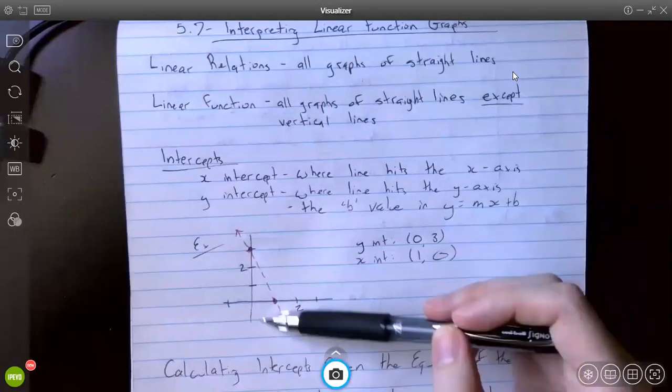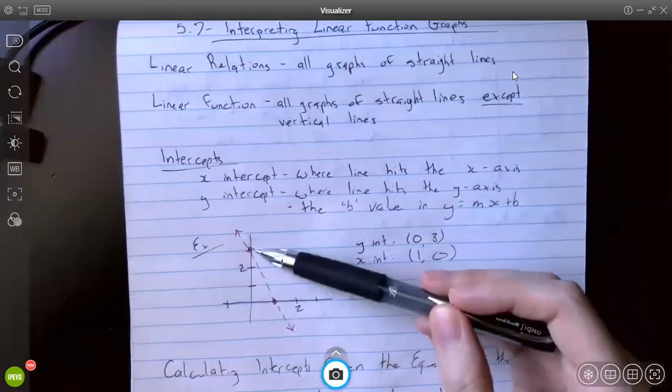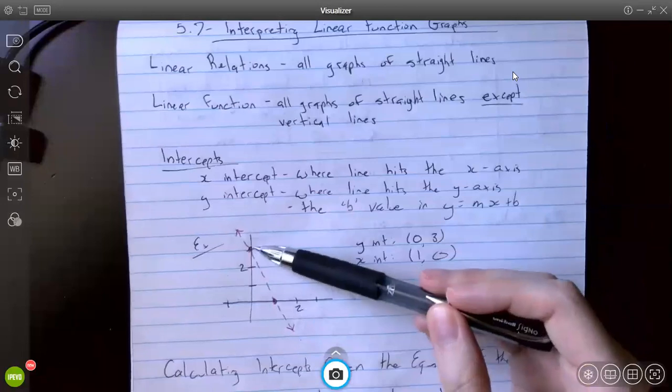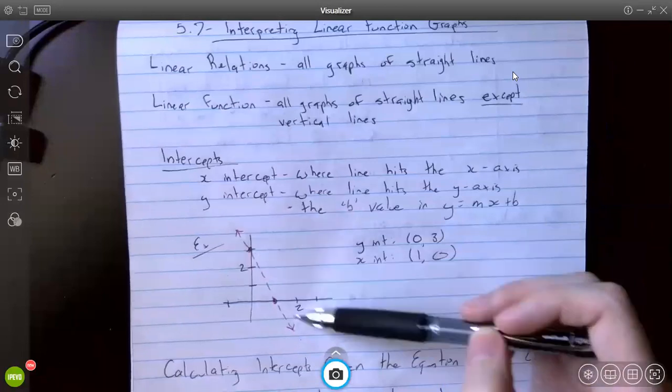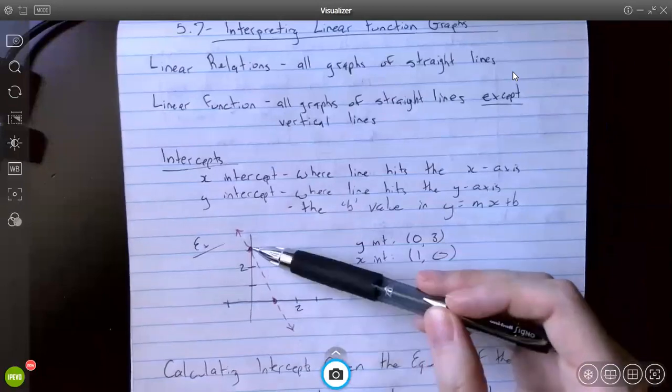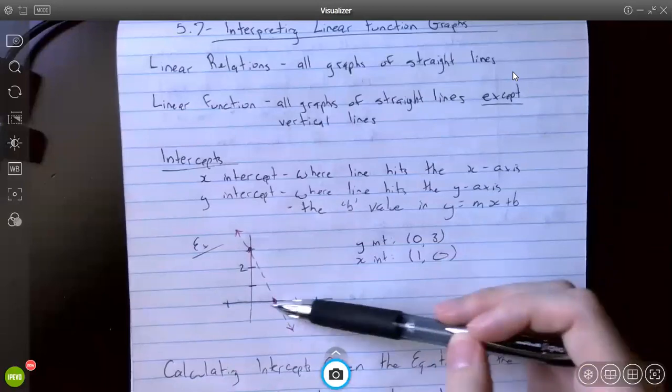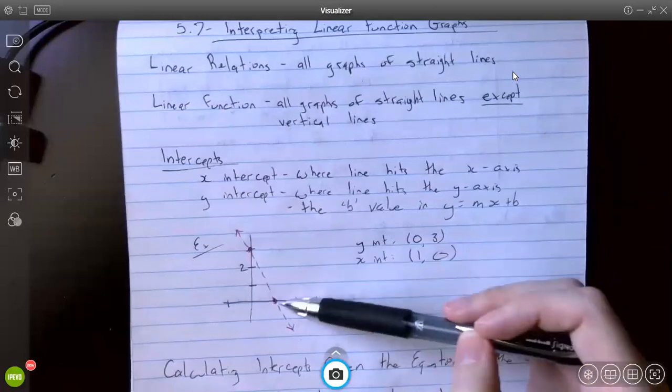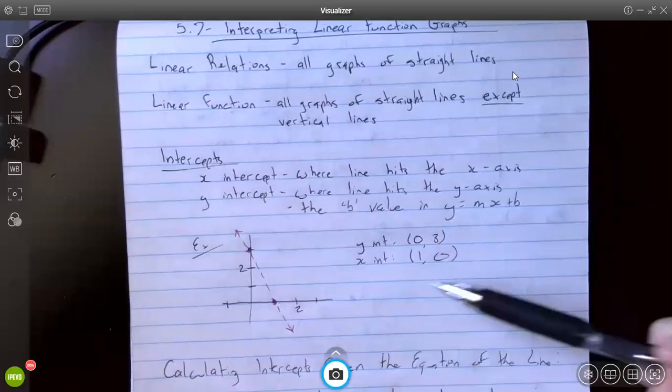We can obviously read these directly off of a graph. Our y-axis is the vertical one. The y-intercept is just where the line hits the y-axis. So that is (0, 3). And then our x-intercept is just where the line hits the x-axis. That is (0, 1).